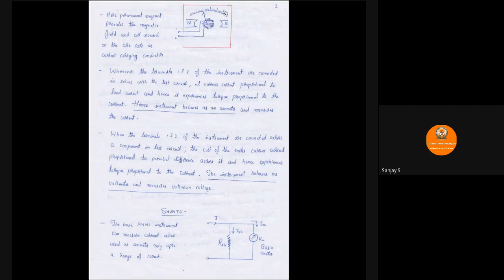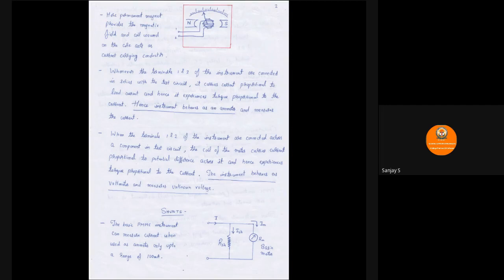The torque experienced by this coil depends on the current flowing through the coil, and that current depends upon the potential difference across the component of the test circuit. Hence, this will measure the potential difference, and it behaves as a voltmeter, measuring the unknown voltage across the component. So for the same instrument, whether you connect it in series with the test circuit or across a component decides whether it should behave as an ammeter or as a voltmeter.